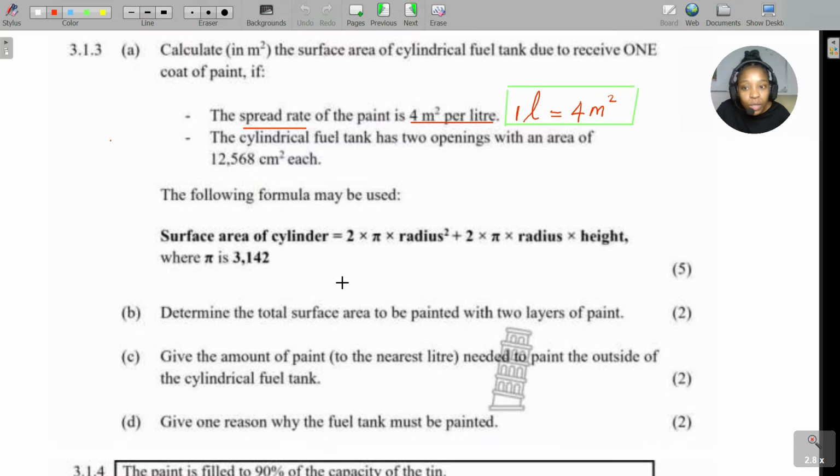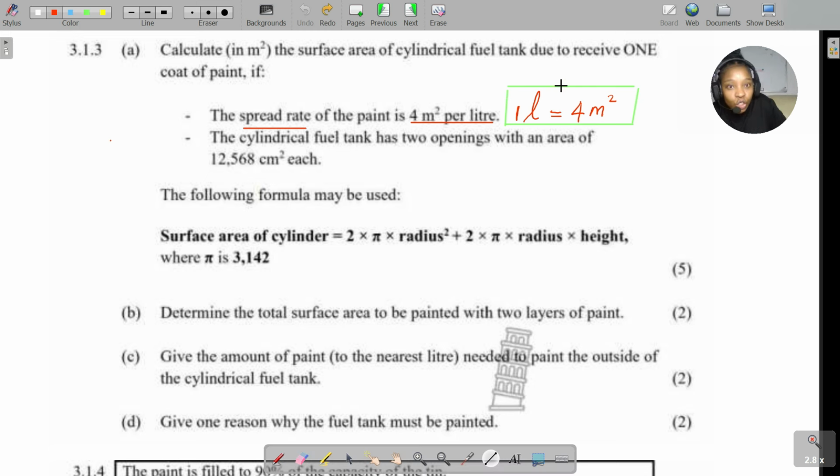So it says that now we need to calculate the surface area of the cylindrical fuel tank that is due to receive 1 coat of paint. So if you had to paint the cylindrical tank once, going around it once, what would be the surface area that you would paint?